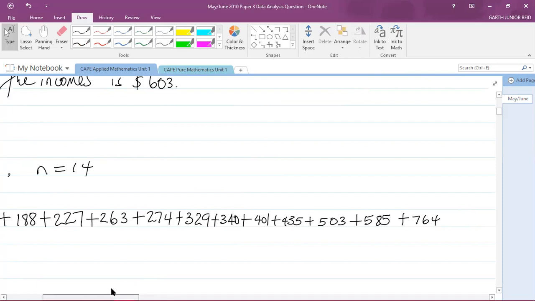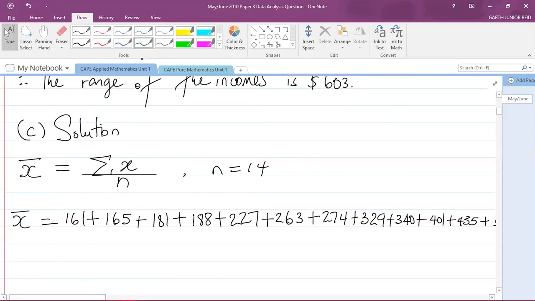All right, so we're adding all of those values there. That's 14 values in total.